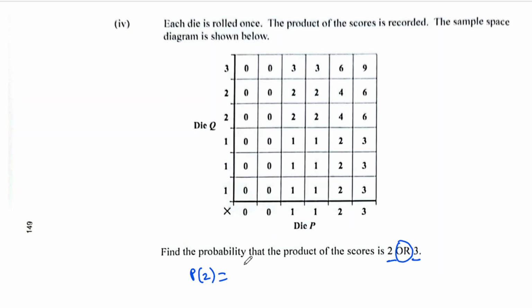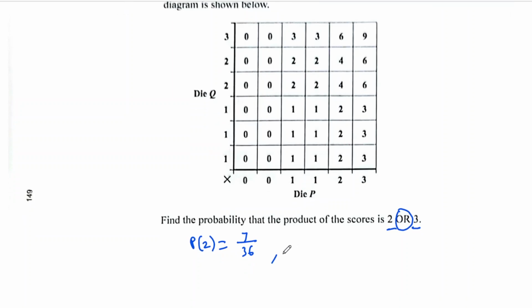So it has 7 2s out of 36 combinations in here. And then the probability of seeing a 3, we count the number of 3s: 1, 2, 3, 4, 5. We have 5 3s out of the total of 36. And the probability of a 2 or a 3 would be, when we see the word or, we add.